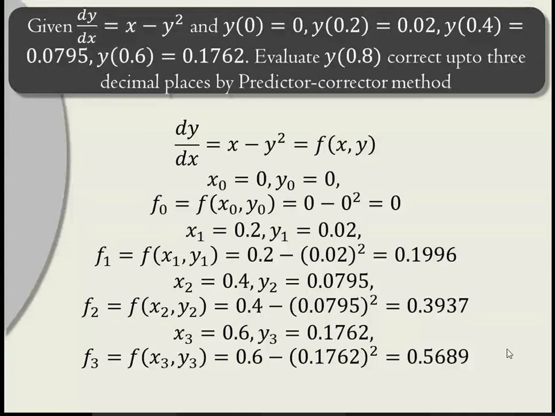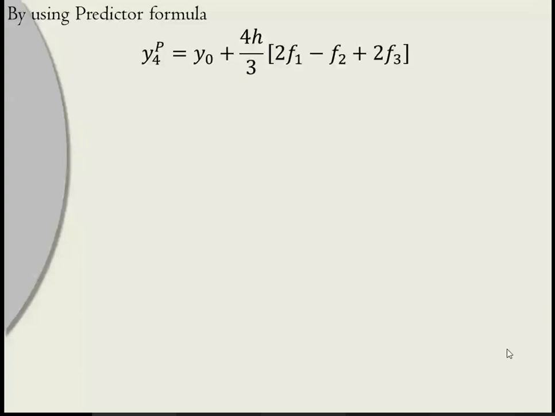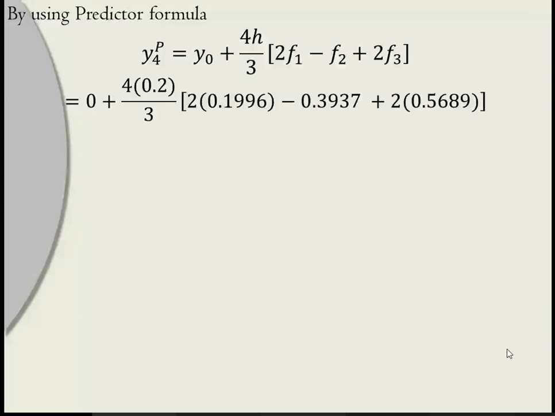So by using the formula, the predicted value of y4 is y0 plus 4h by 3, 2f1 minus f2 plus 2f3. So substitute y0, f1, f2, f3 and h in the formula and do the calculation.